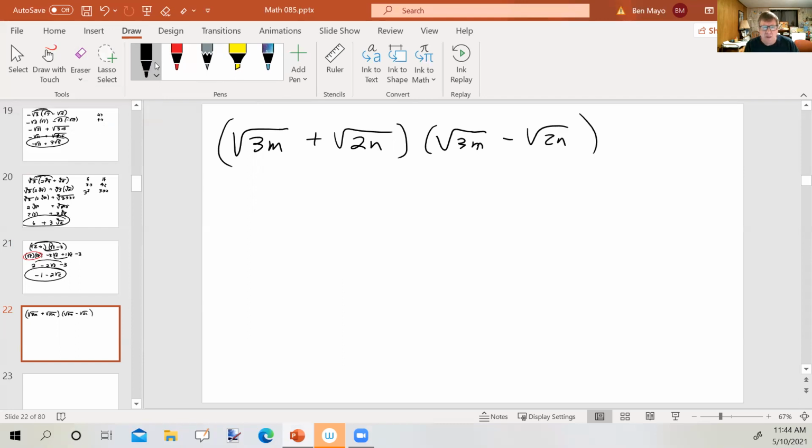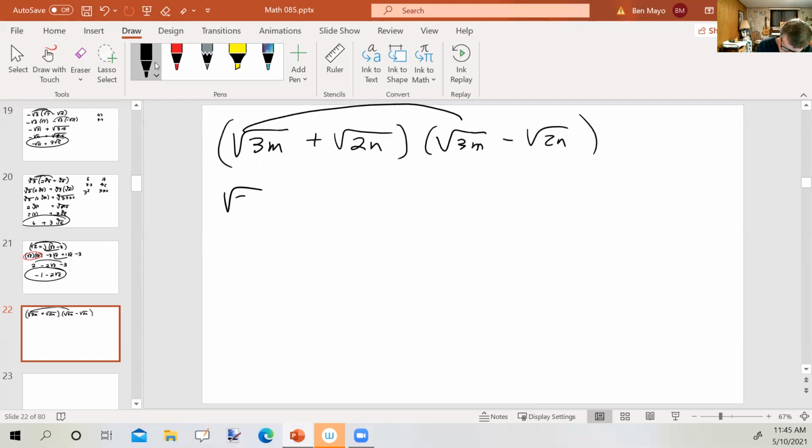Do you notice anything special about these two groups in parentheses? It's a conjugate pair. We've got something plus another thing, the same something minus the other thing. So this should be the difference of 2 squares. When we multiply it together, our middle terms should cancel out. Let's see what happens. Okay.